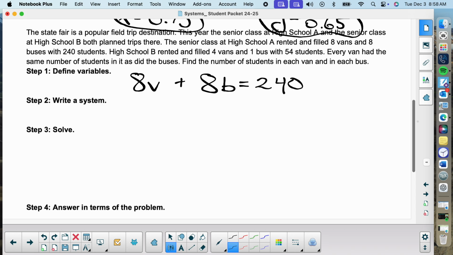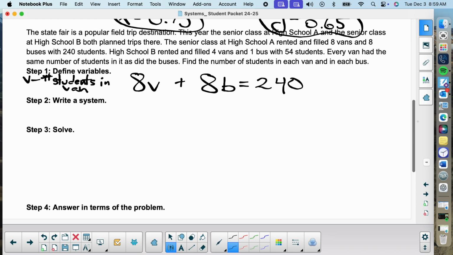What does the van hold? So this stands for how many students are in a van. Number of students in the van. Okay, perfect. That wasn't an easy answer. That's partially why I just wrote the equation down on this one.